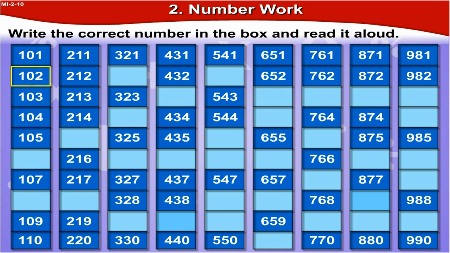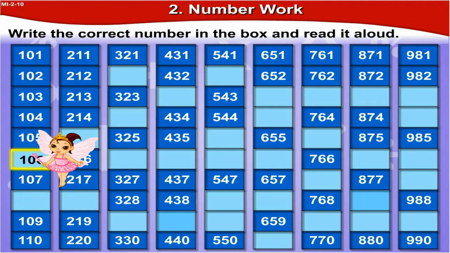101, 102, 103, 104, 105. Box. What comes after 105? You write 106. So we will write 106 in the box, that is 106.